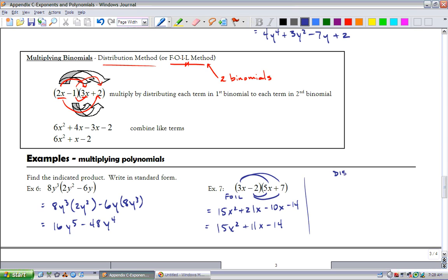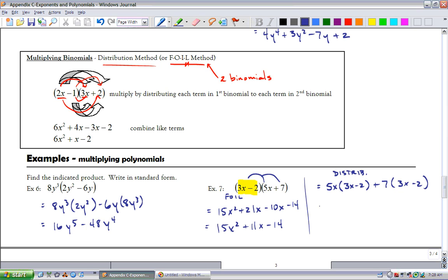By the distributive property, or distributive method, we will look at it like this. We're going to take this entire thing here and distribute it to each term. So here, by the distributive method, you'll get the same thing, but we'll go 5x times the whole 3x minus 2, and 7 times 3x minus 2.